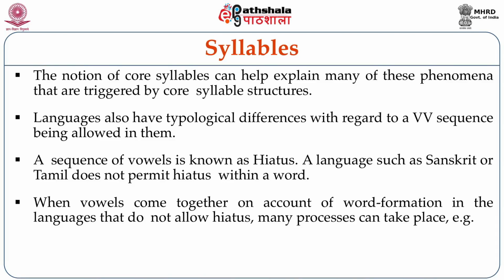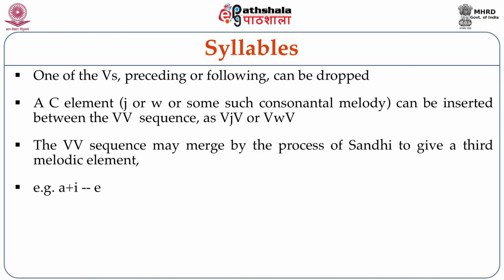For example, one of the vowels may be dropped, either the first one or the second one, or there may be a consonant like W, L, Y, M that can be inserted between two vowels. So these processes can be described as shown on the screen.